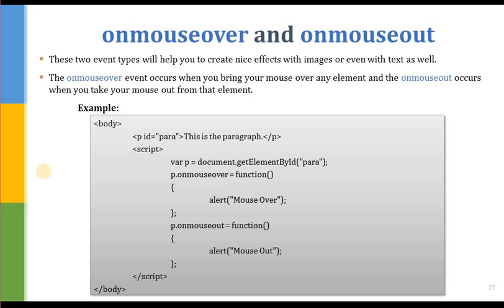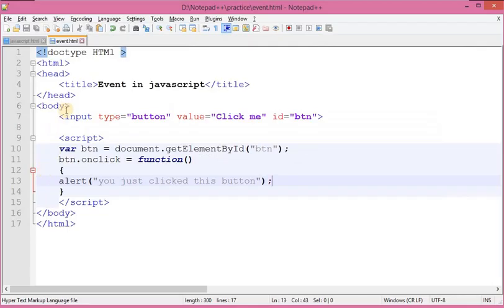In this code snippet, there is one paragraph, and whenever I mouse over this paragraph, one function is called, and when the mouse out event occurs, there is another function.